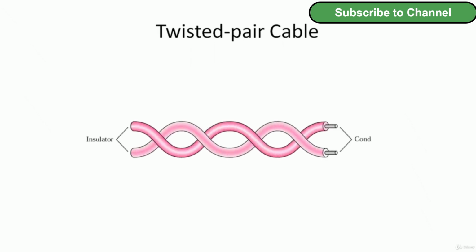Twisted pair cable: you can see in this figure, the conductor is inside this cable, and this cable is twisted. On the upper side, the insulator is there. So this is the twisted pair. Next, we have to study the UTP and STP cables.